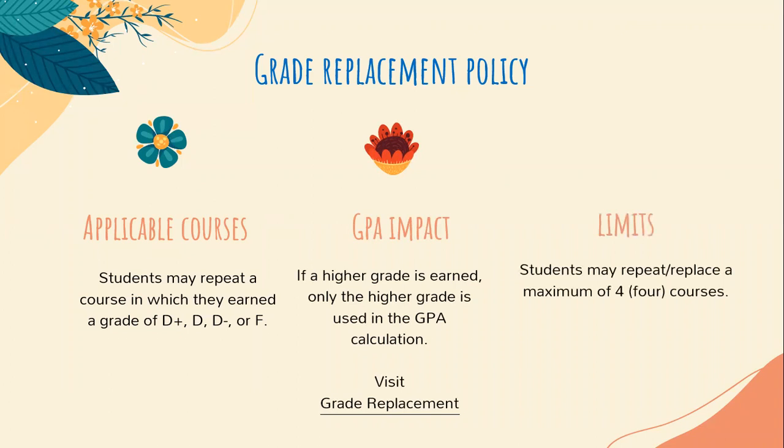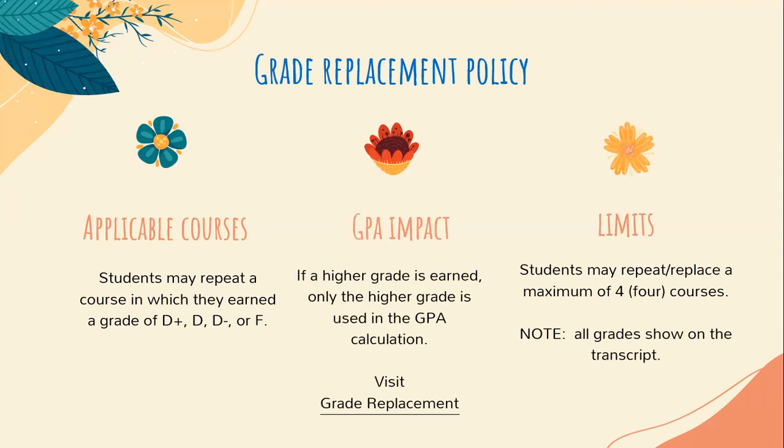Now, there is a limit. A student may only repeat or replace a maximum of 4 courses. Additionally, all of the grades will show on the transcript. That permanent record that was talked about in high school, that's pretty much what a transcript is.